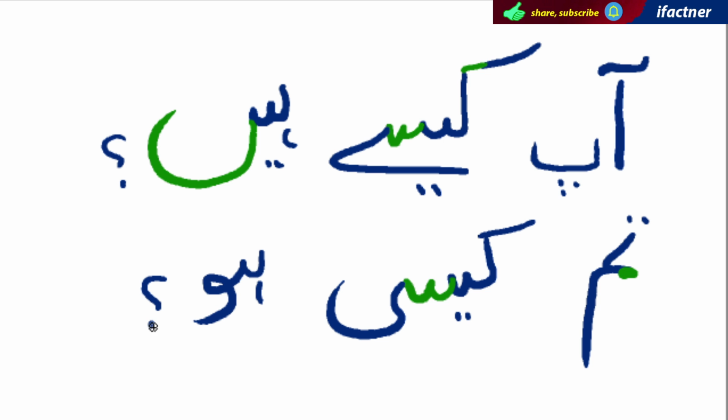So informal version is tum kaise ho, tum kaisi ho, and formal version is aap kaise hain, aap kaisi hain.